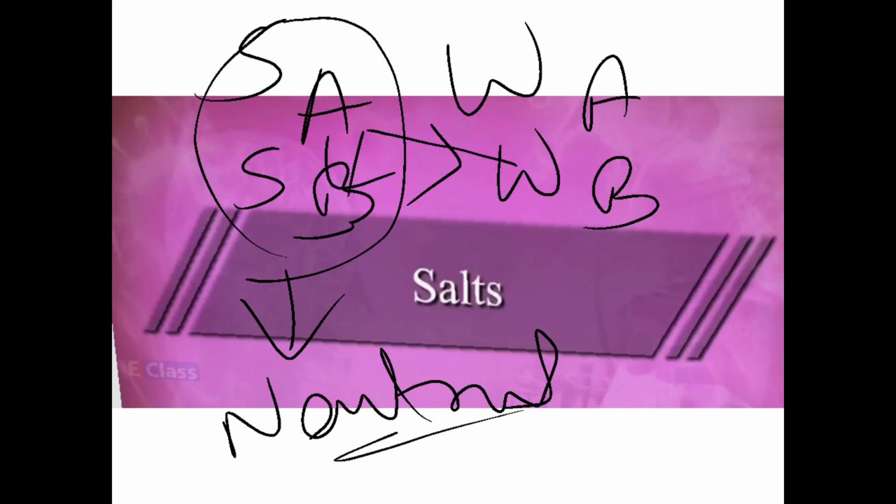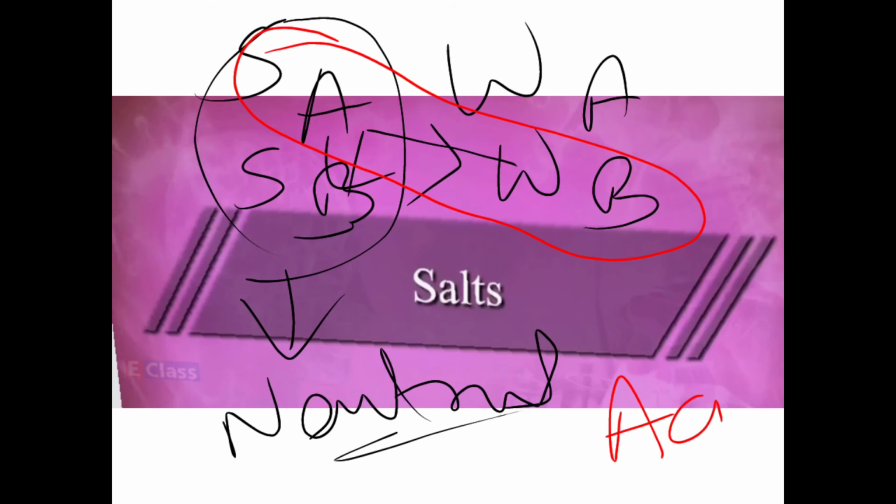Now if it is reacting with the weak base, खुद strong acid है लेकिन weak base के साथ में react कर रहा है, then the resultant salt will be acidic, क्योंकि acid strong है ना. So you are going to get an acidic salt. So ultimately acid and base are going to give you salt, but the salt का nature depends on which one is strong.